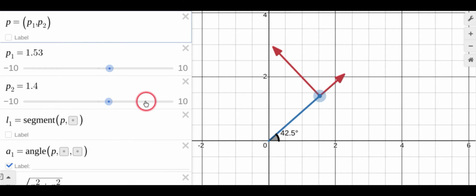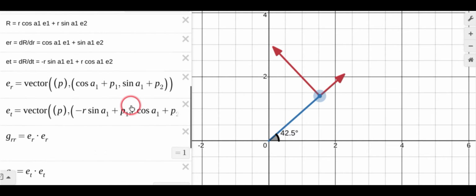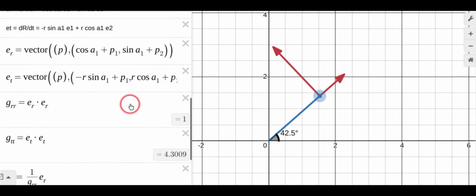Now, the cross terms here. There should be 4 components because we've got 2 dimensions. So there should be a GRT, the T stands for theta, and a GTR. Well, there's 0. The reason being why? Because this is orthogonal.